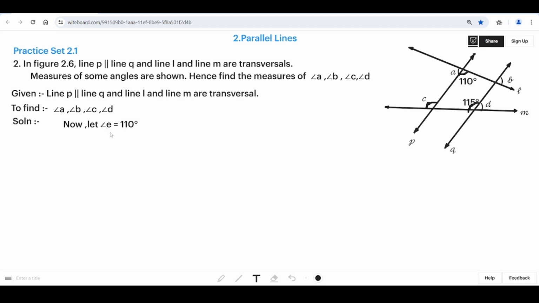Now in the figure you can see that angle A and angle E share one single arm, that is line P, so they form a linear pair of angles. So their sum will obviously be 180 degrees. So we can write angle A plus angle E is equal to 180 degrees. This is from linear pairs of angles.